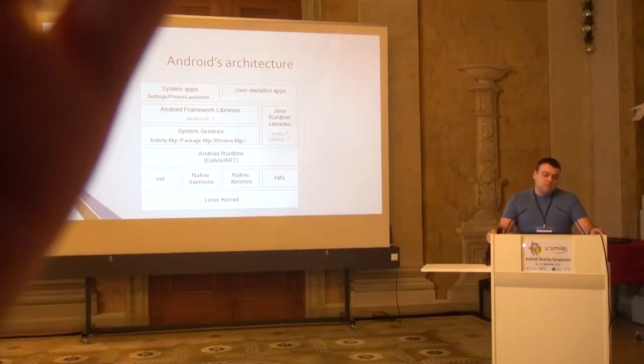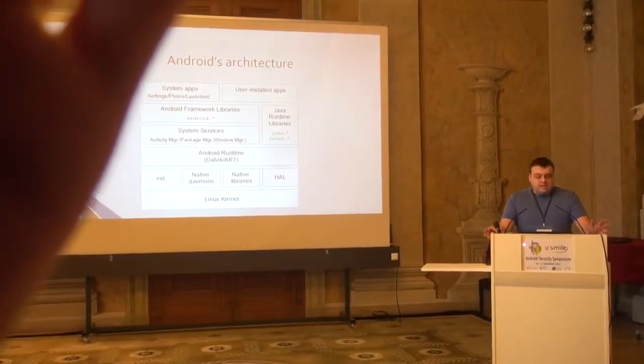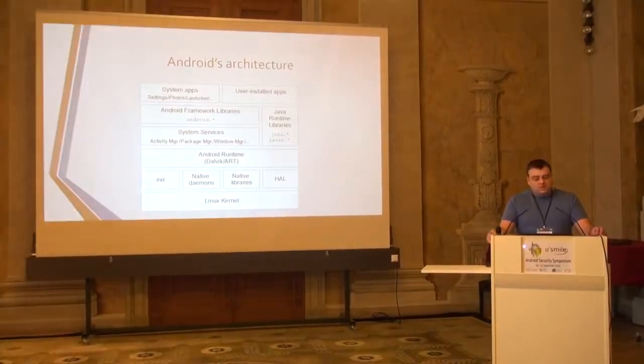And I guess you could say that Android is a kind of big object-oriented system on top of the Android kernel. And of course, on top of that, the Android framework libraries, which applications use to communicate with the layers below.